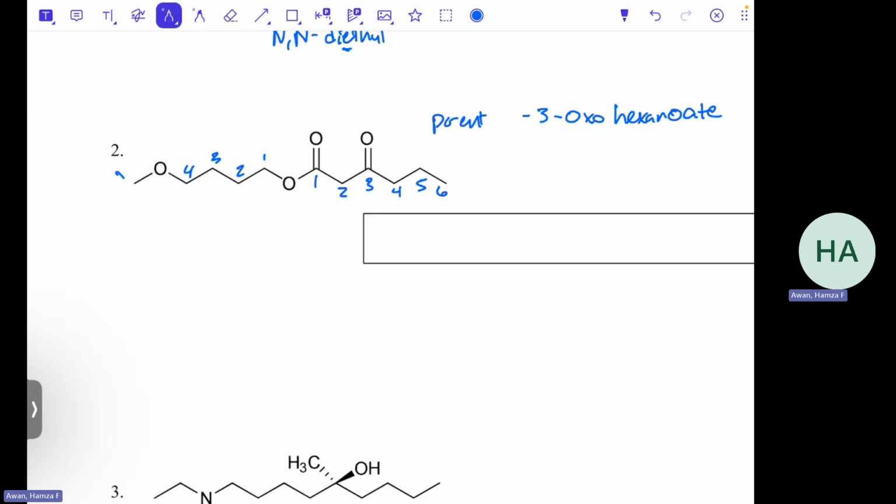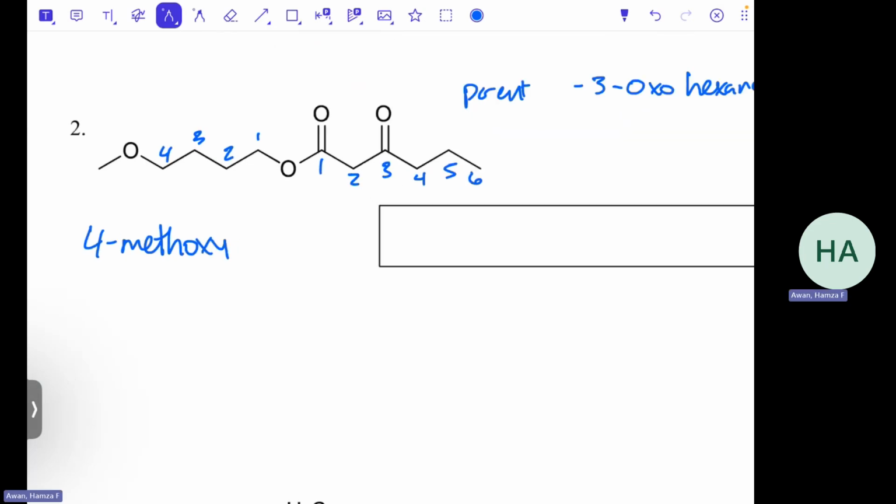If it was a longer chain, like an ethyl, it would be an ethoxy, and then propoxy and so on. So we have a methoxy here, so we can start with 4-methoxy. And then we have the 4-carbon chain, so it's going to be a butyl, 4-methoxybutyl.